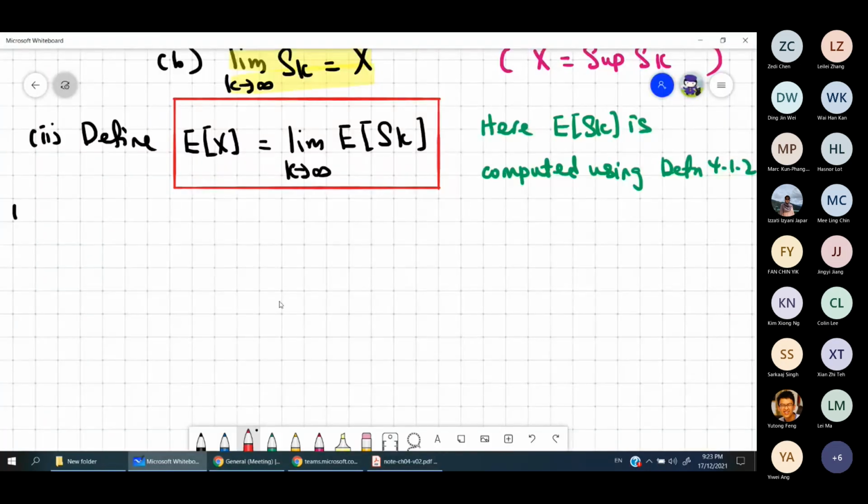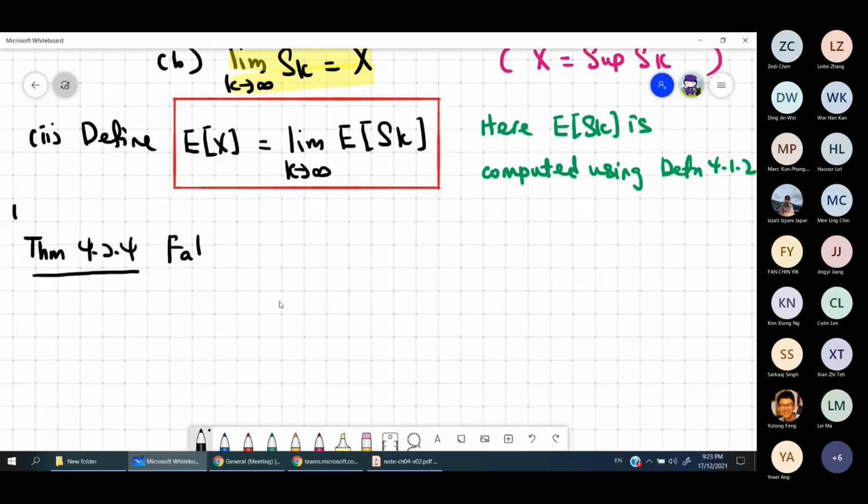Right, so this is the important formula. Maybe I will put it here. It's very simple, not difficult, but find a way to memorize it.